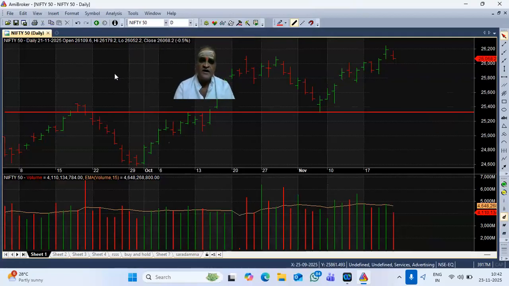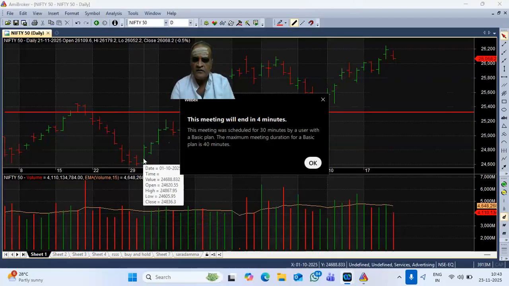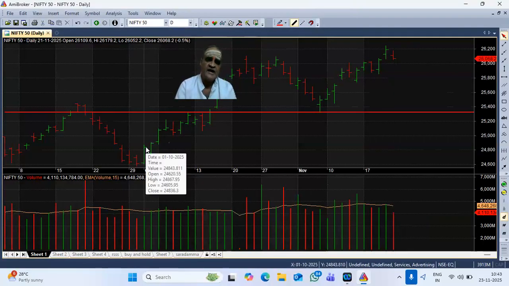For example, when you see a large bar, like here, where the open is very near to the close, and the volume increased, and the length is very much larger, and this one is closing here, it indicates that there is a trend reversal.